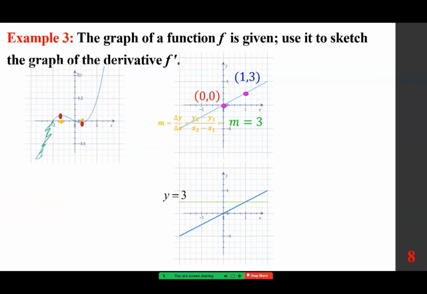This portion as well as this portion increasing, f prime is positive, and so it's above the x-axis here roughly, here roughly, and in between.